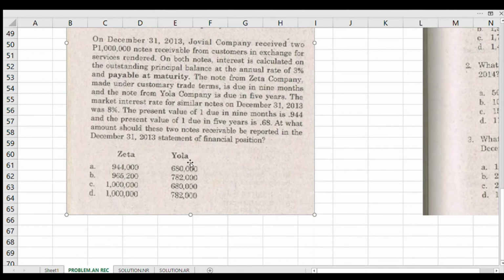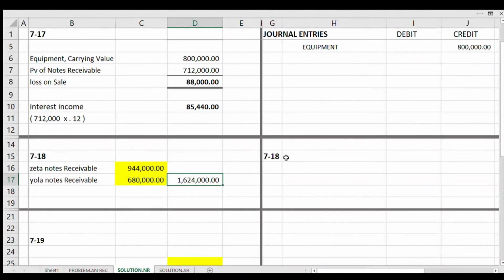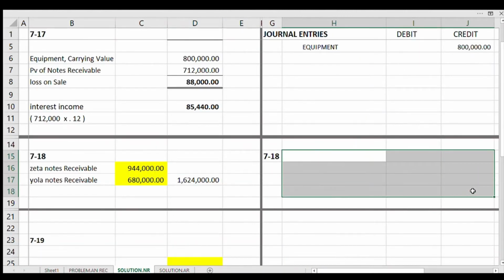Okay, so we solved that. Now the answer is letter A, 944,000 and 680,000.